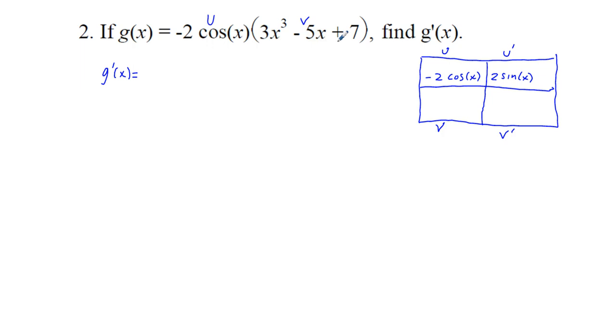And next, for the v function, we have 3x cubed minus 5x plus 7. And for v prime, we're going to have 9x squared minus 5.